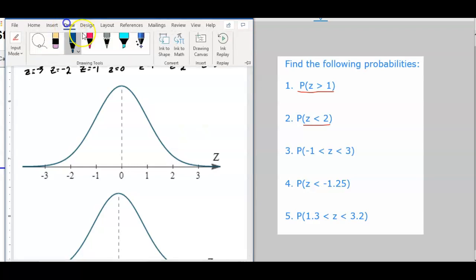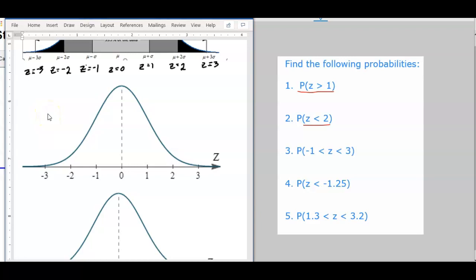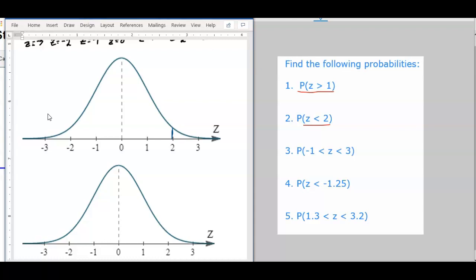In this one, we want this area from 2, but this is less than, so we want all this region this way, all of that area. Before we do that, clearly this portion is 50%. That probability of being from the mean to the left is 50%.